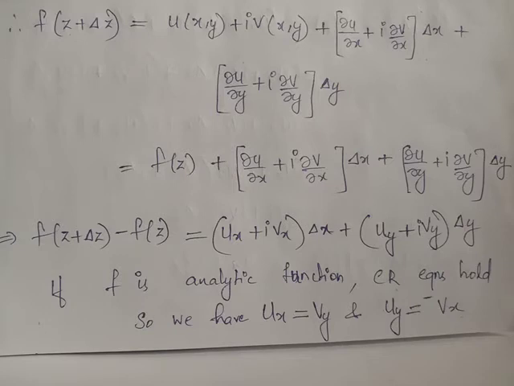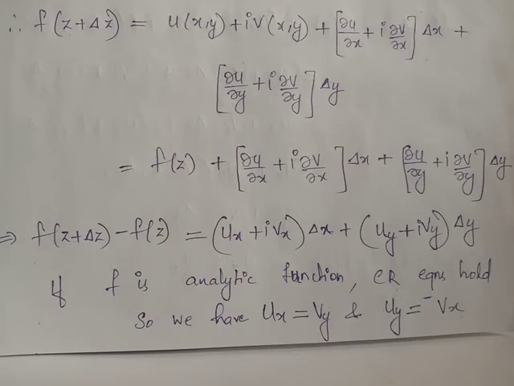u of xy plus i times v of xy can be rewritten as f of z. If we take f of z to the LHS, we have f of z plus delta z minus f of z equals ux plus i times vx into delta x plus uy plus i times vy into delta y. Since we have assumed that f is an analytic function, the CR equations hold here.